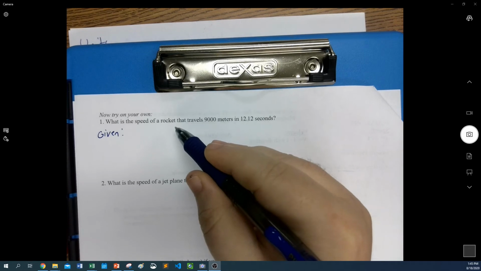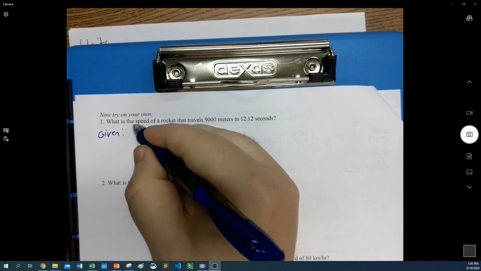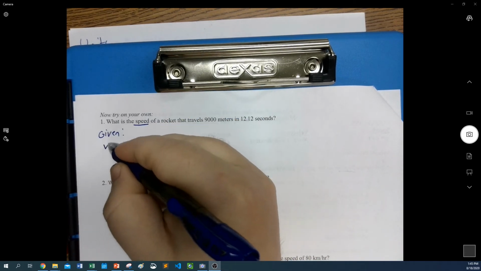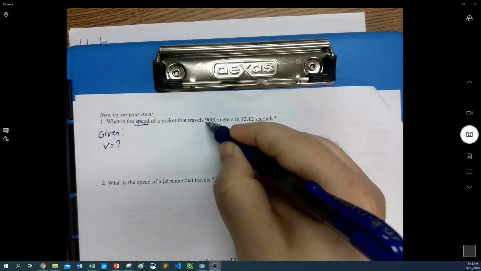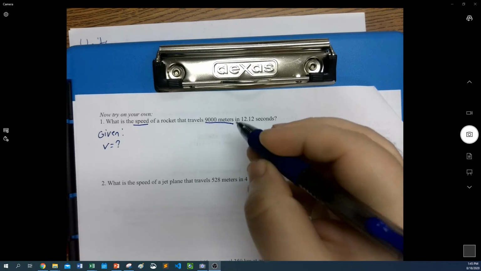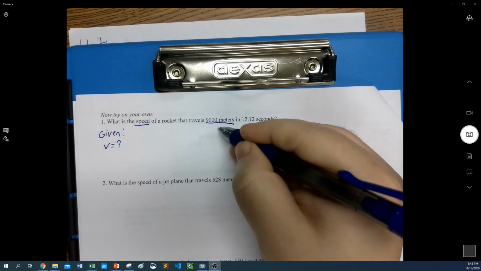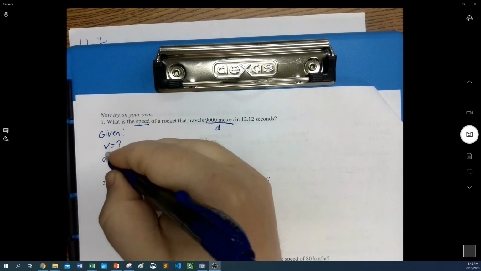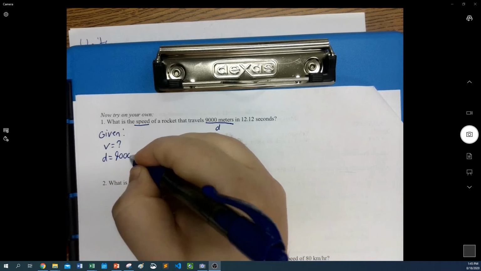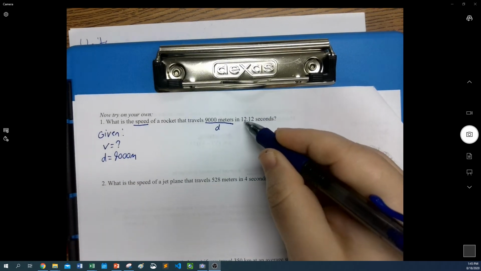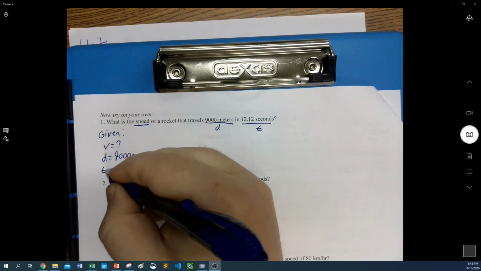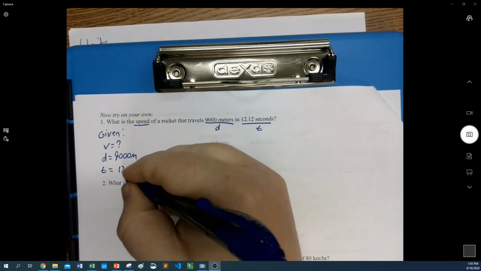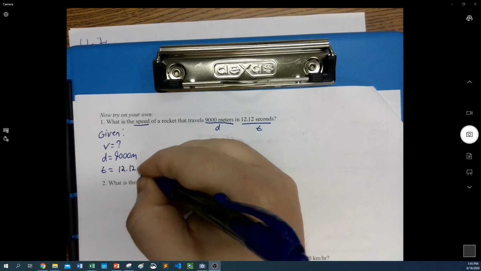So it's asking for a speed. So we're trying to figure out what speed is. And it travels 9,000 meters. 9,000 meters is going to be your distance. So distance is equal to 9,000 meters. And 12.12 seconds, that would be your time. So time is equal to 12.12 seconds.